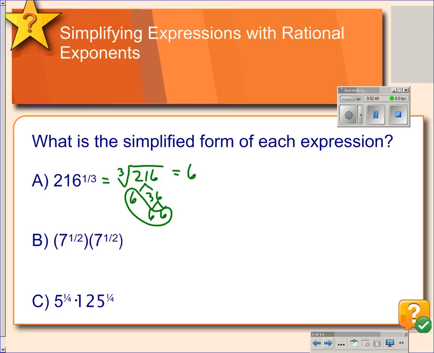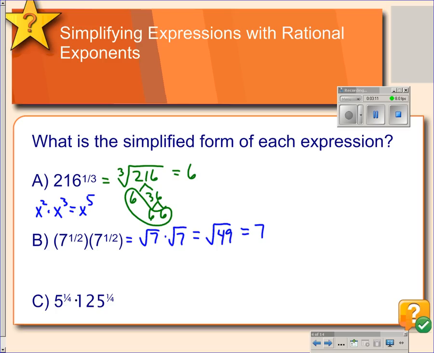In example B, we have two different ways that we can do this. We can say 7 to the 1/2 power is the same thing as the square root of 7. So this is the square root of 7 times the square root of 7, which would be the square root of 49, which equals 7. The other thing that we can do is recognize that just like if you have x squared times x to the 3rd, you would add exponents, and that would give you x to the 5th.